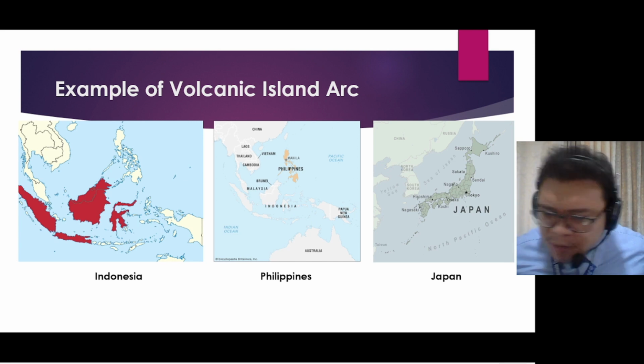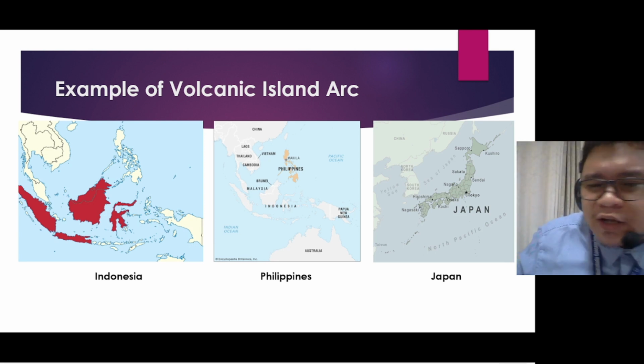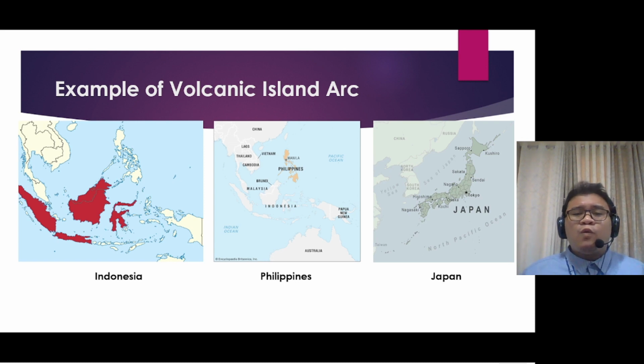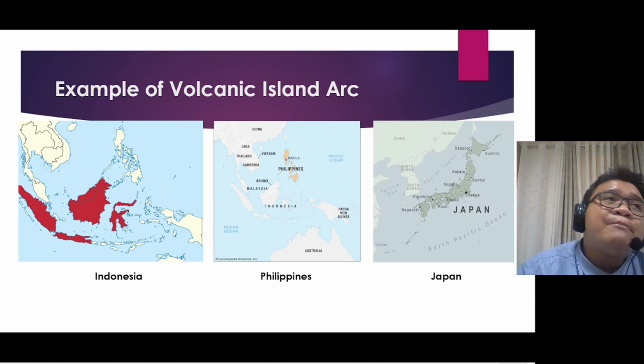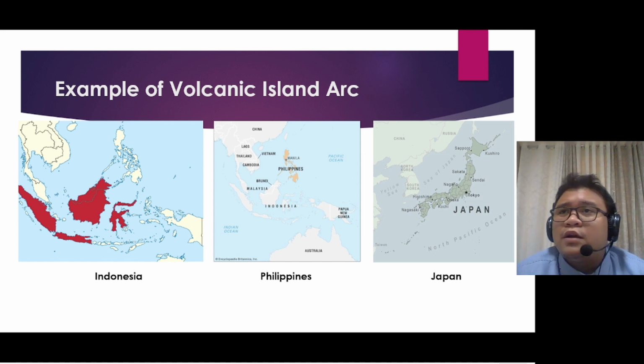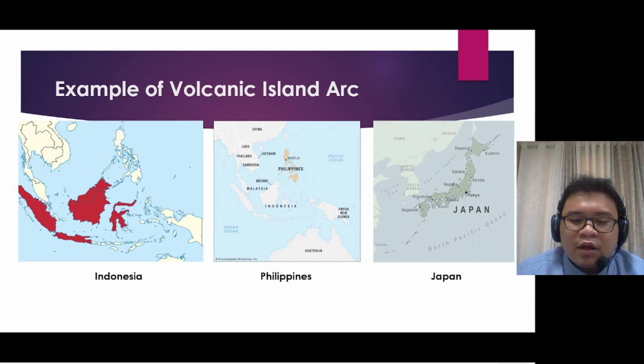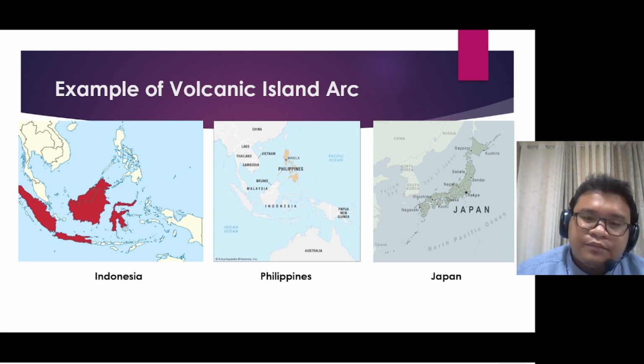Now, you might be wondering, in our previous discussion, we talked about how divergence of plates can also lead to volcanic activities, like, for example, the formation of Iceland. We know for a fact that the divergence of plates between the North American and the Eurasian plate formed the island of Iceland, and that is formed because of the volcanic activities resulting from the divergence of plates.